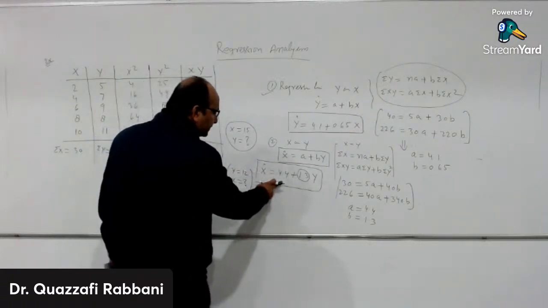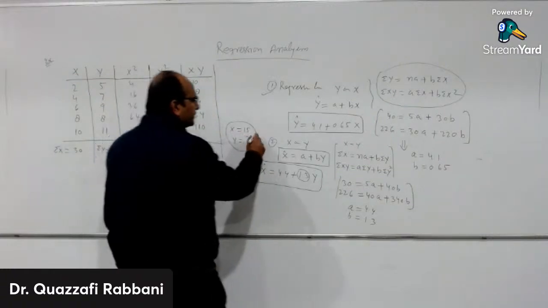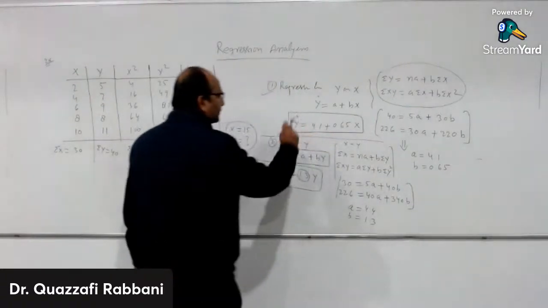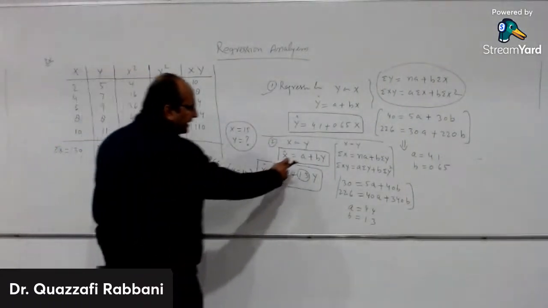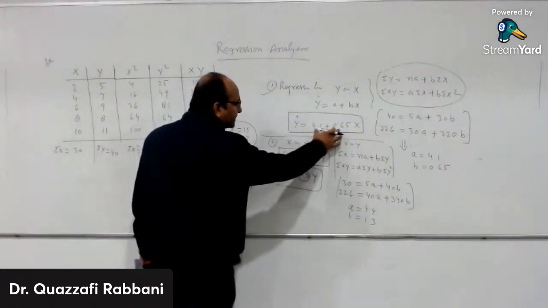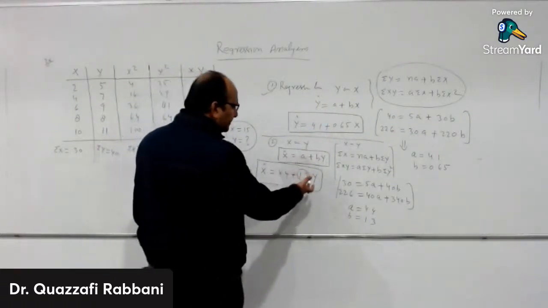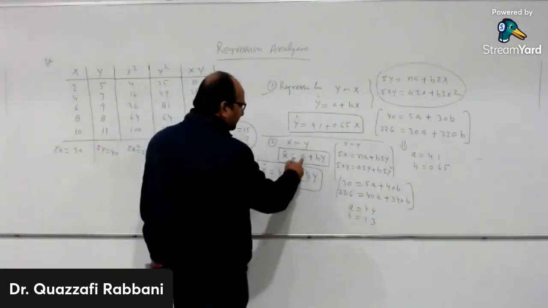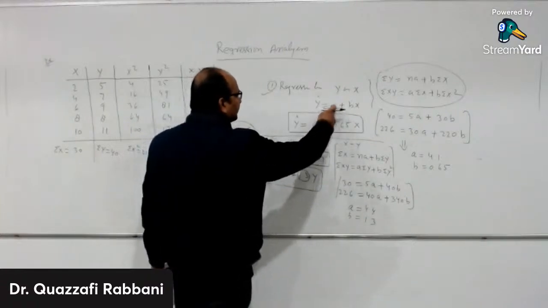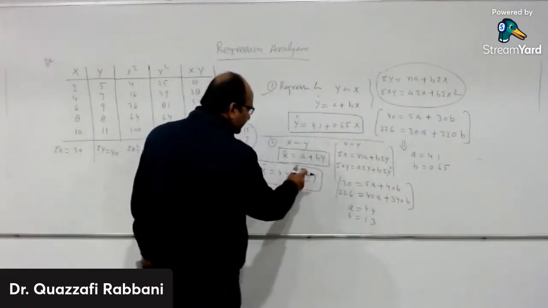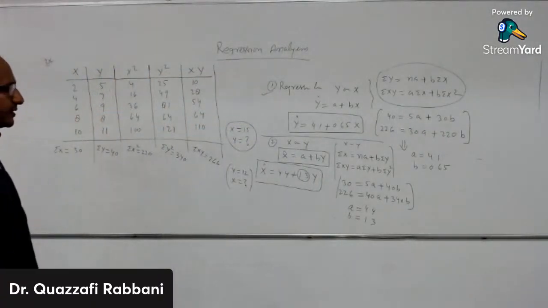Here y depends on x, so we use the equation y on x. And in both cases, a and b are different, so you can take another notation in place of a and b. We have a and b here and c and d for this x on y. No problem, you can take another notation.